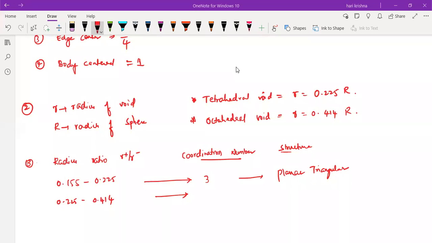It will be 4 and the shape is tetrahedral.